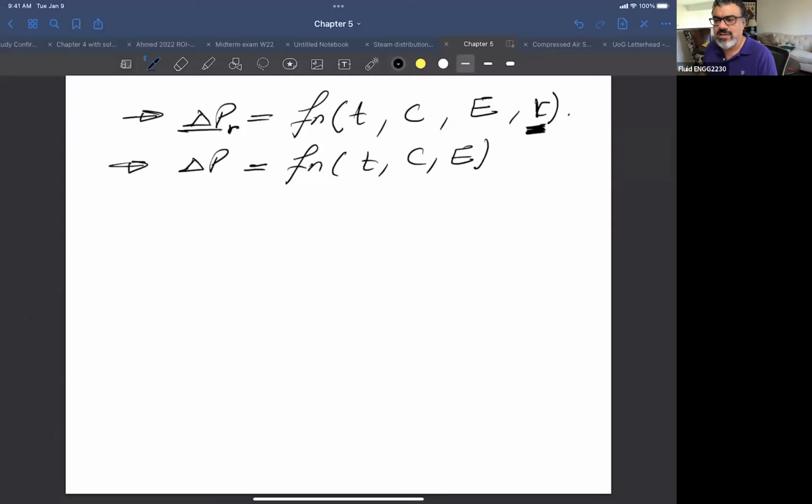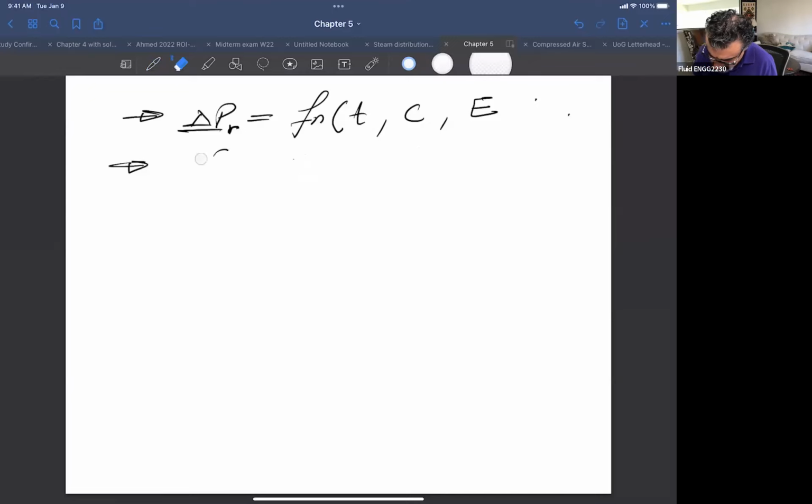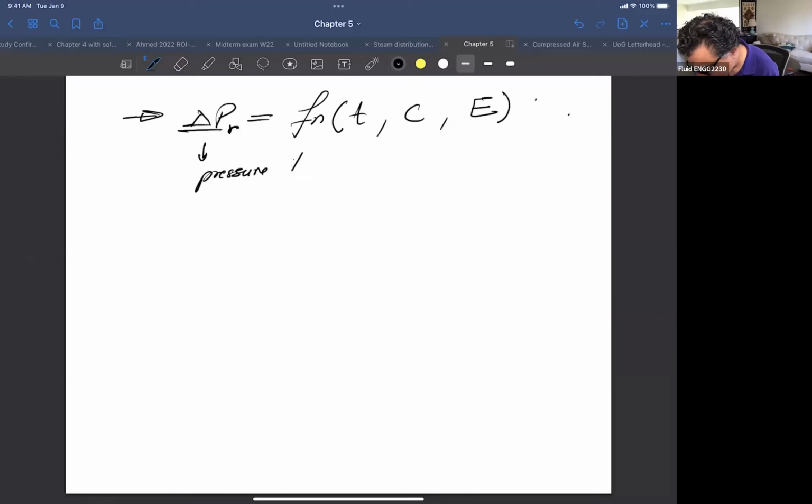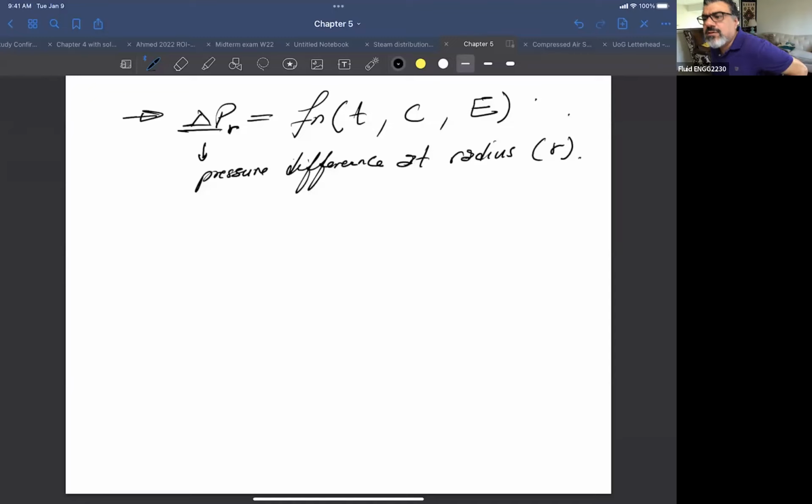So delta P and R are kind of one variable, and we call it the pressure difference at any position R. So delta P here is the pressure difference at radius R.